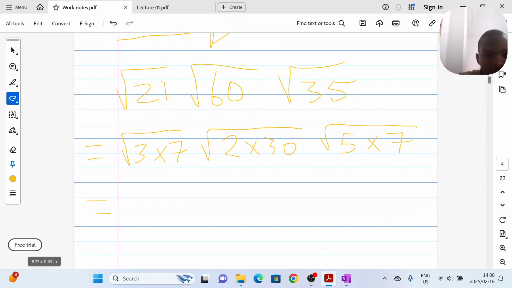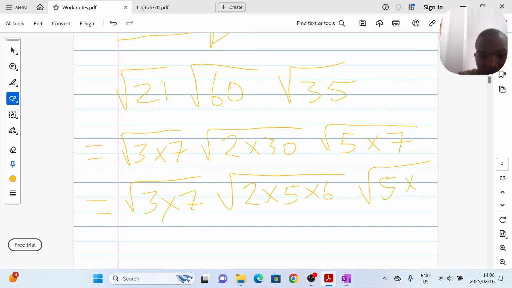So let's continue to break this down. 2 times 30. So we're going to have 3 times 7. And then we break this one down. It's going to be 2 times 5 times 6. And then this one is going to be 5 times 7.